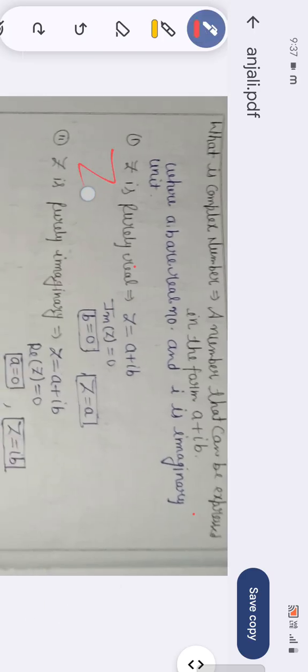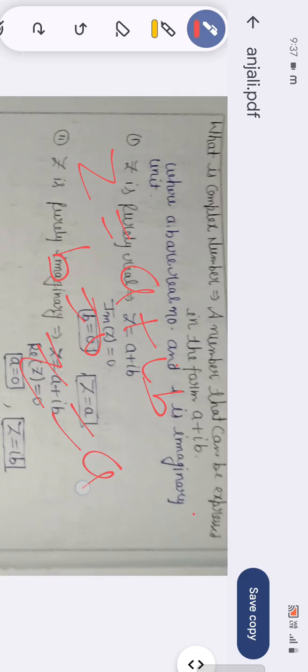In the complex number z equal to a plus iota b, if b is 0, then the equation will be z is equal to a, and z is purely real, because in this equation there are no imaginary numbers.